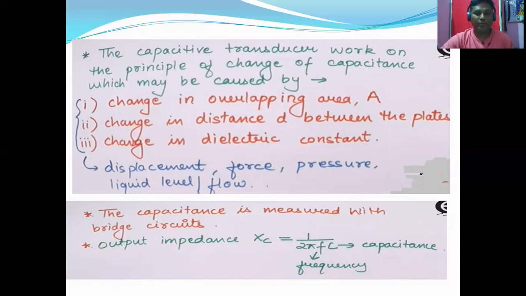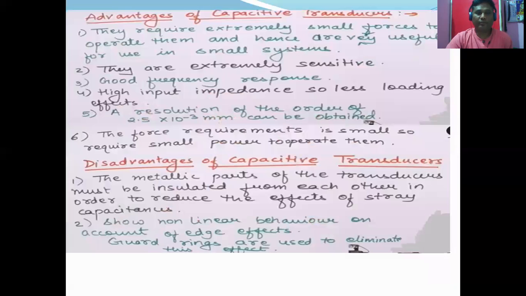So the output is based on the capacitance as well as the frequency of the input physical quantity. The output impedance X of C is equal to 1 divided by 2 pi f C, where f is the frequency and C is the capacitance.